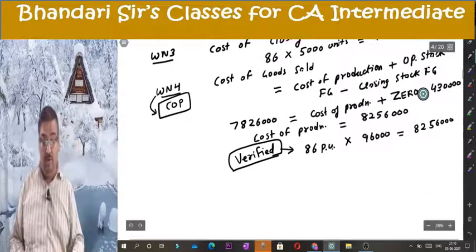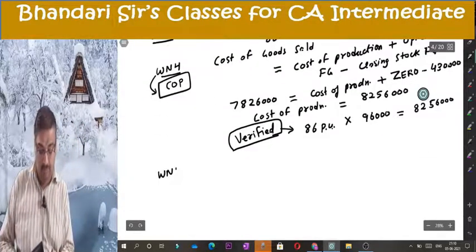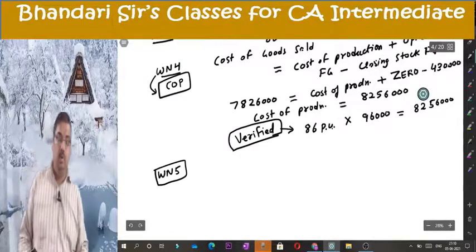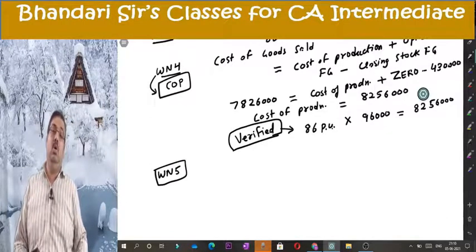Now I go reverse again. Working note 5. How do I get cost of production?